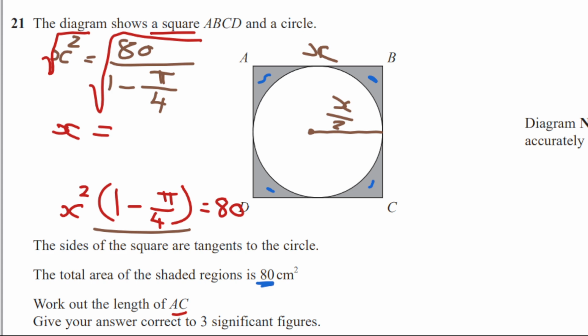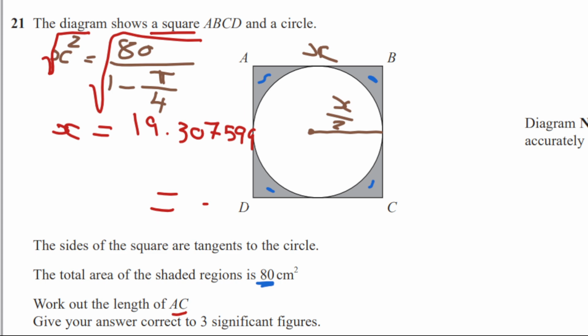That gave me 19.3075999. Listen, this is not the final answer, so never round up. Write the whole digits you have on the calculator. Everything you see, write it. But for now, we don't need to write it. Why? Because now we know this is 19.3075 and so on, and this is also 19 point that.